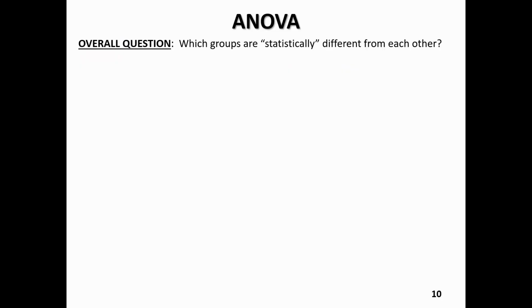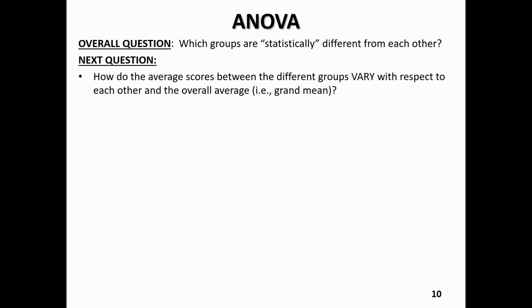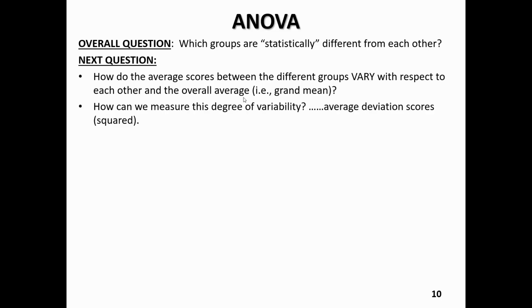So once again, the overall question we ask here: are the groups statistically different from each other? That's guiding our analysis. And so the next question is asking, how do the average scores between the different groups vary with respect to each other and the grand mean? So we will have to consider the grand mean when we start calculating our ANOVA statistics.